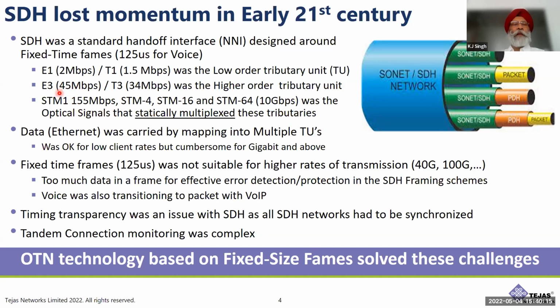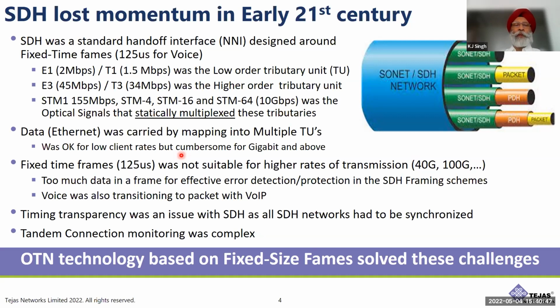You could take maybe 2 VC3s and use them for about 90 megabits of service. But as you went to gigabit rates, the number of tributary units that you had to combine to carry your client signal was too many. And so it was rather cumbersome to carry high-speed data over SDH networks.